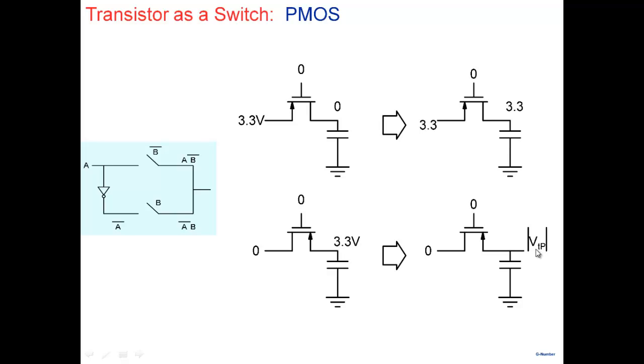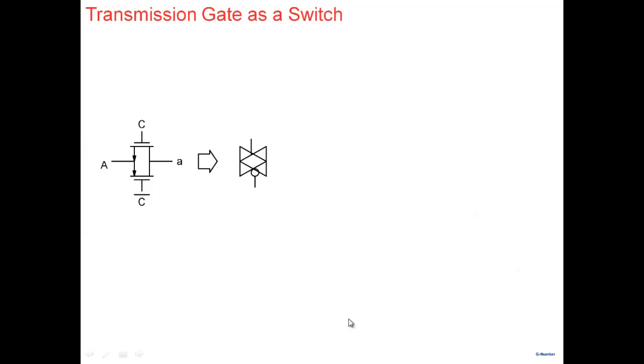It stops after it reaches a threshold value. So PMOS is problematic in terms of passing a 0. So it makes sense. You may imagine that if NMOS is very good in passing a 0 and PMOS is very good in passing a 1, then maybe we can combine them together and then we'll have a better switch. Okay? So that's the idea behind what we call the transmission gate.